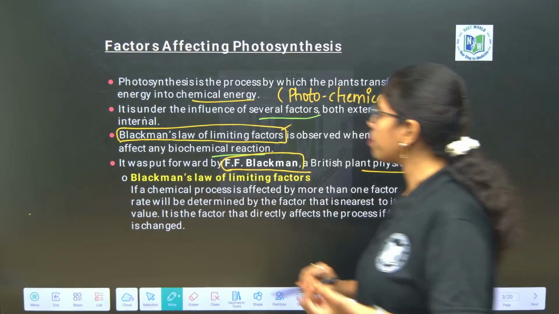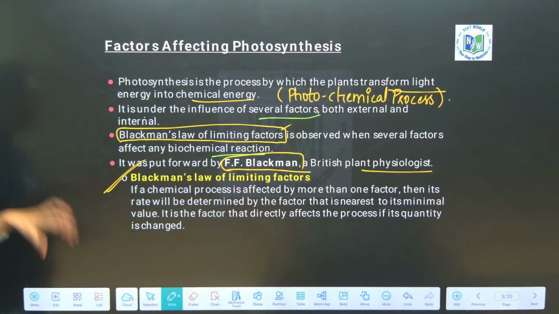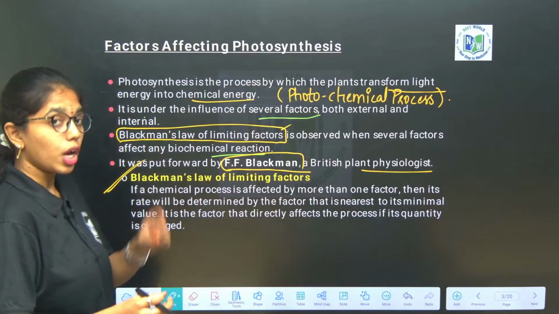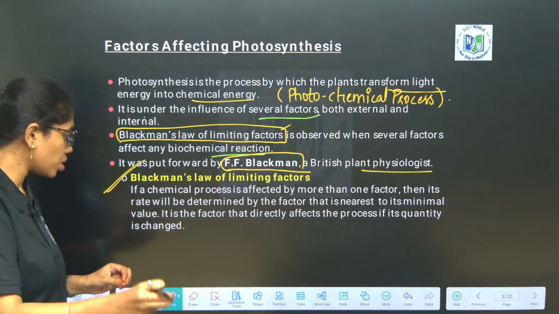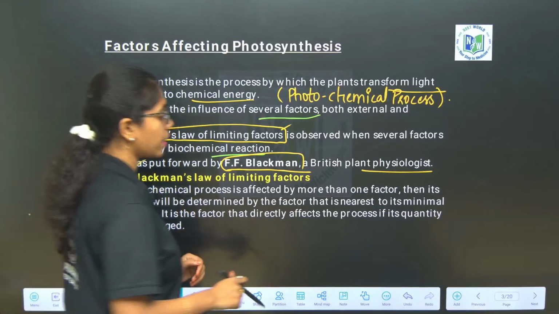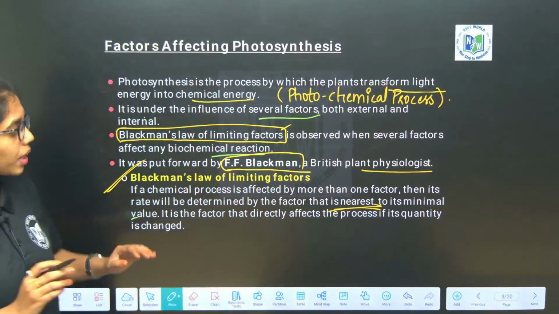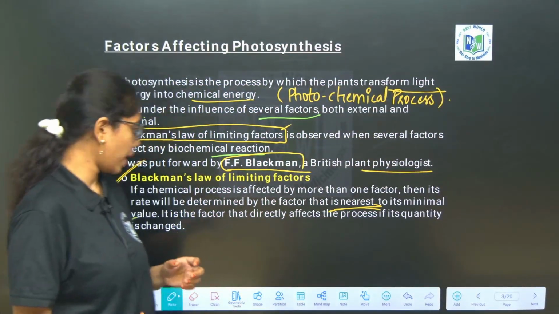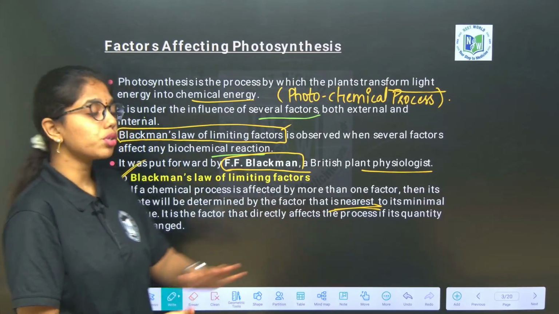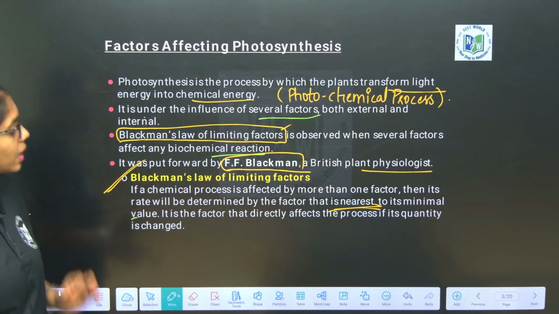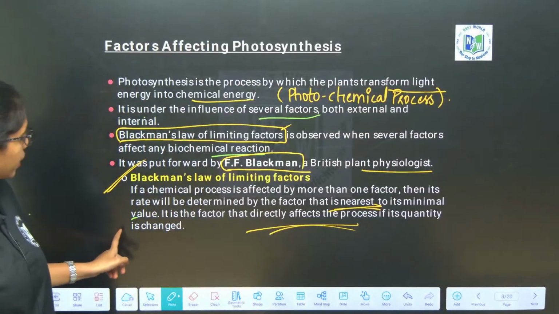Blackman's law of limiting factors clearly tells you that if a chemical process is affected by one or more factors, then the rate of that chemical reaction will be determined by the factor that is nearest to the minimal value. It is the factor that directly affects the process if its quantity is changed.